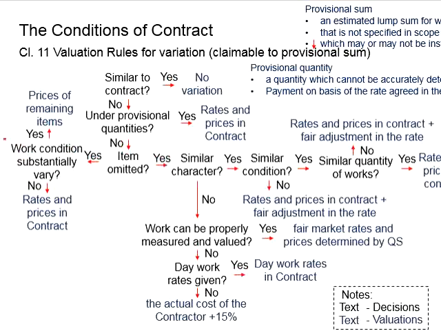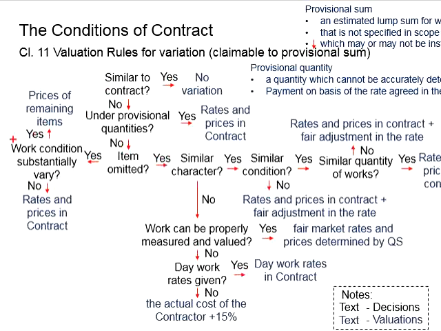Let's say the work conditions are not substantially changed. The reductions can be based on the rates and the price in the contract, multiplied with the quantities that have been reduced.